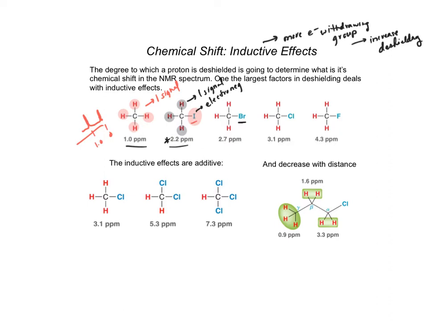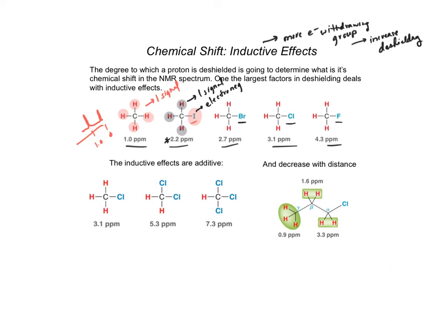Again, as we increase the electronegativity of that group that's nearby the protons that are giving rise to this signal, we continue to see a shift farther downfield to higher parts per million, okay? Okay, so overall, the more electronegative the group attached, or the more electronegative the group that is nearby, the greater the chemical shift that we see, right? So we'll see the protons come into resonance at a higher chemical shift.